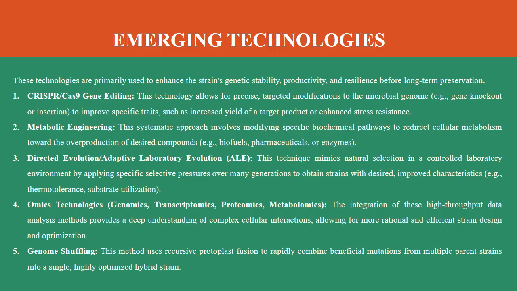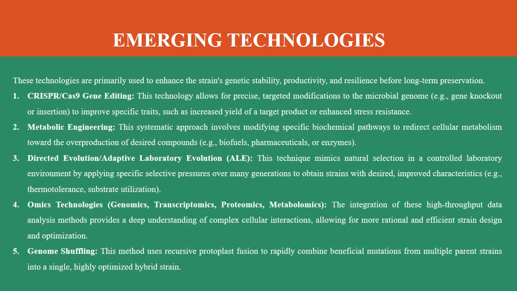The fourth technology is omics technology, which involves genomics, transcriptomics, proteomics, and metabolomics. The integration of these high-throughput data analysis methods provides a deep understanding of complex cellular interactions, allowing for more rational and efficient strain design and optimization.